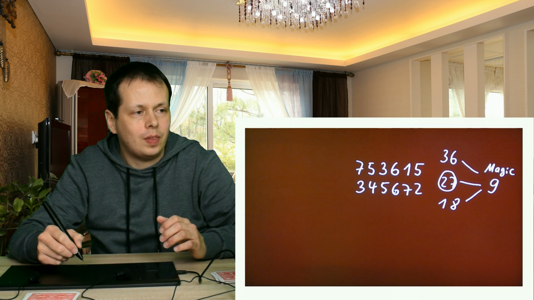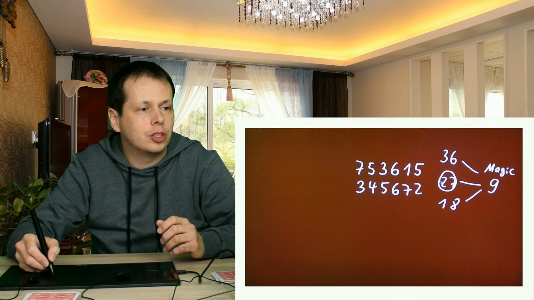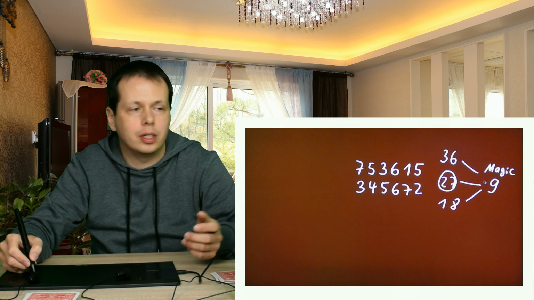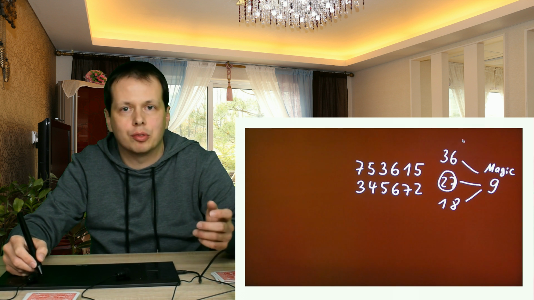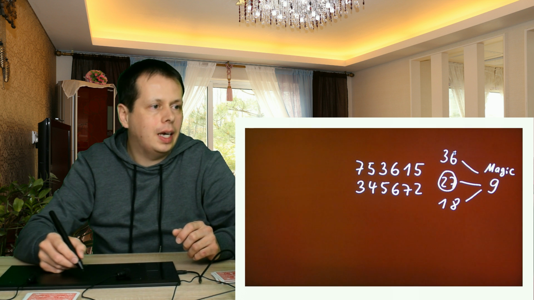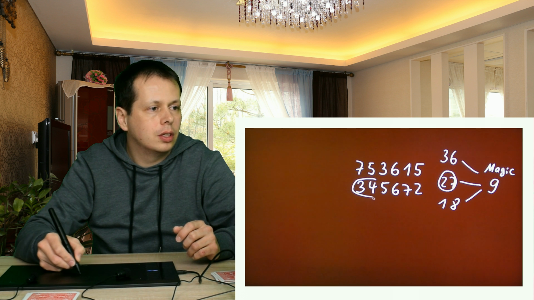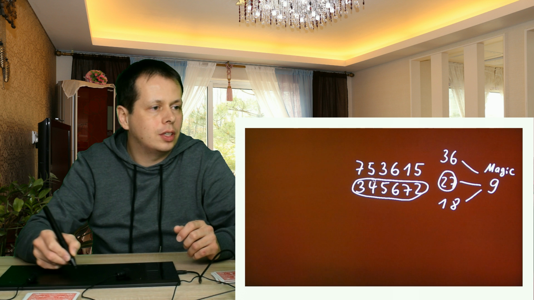So he can choose any number whose digit sum ends up at 27, or you say 36, 45, 54, whatever. And let's assume he or she decides for that number.